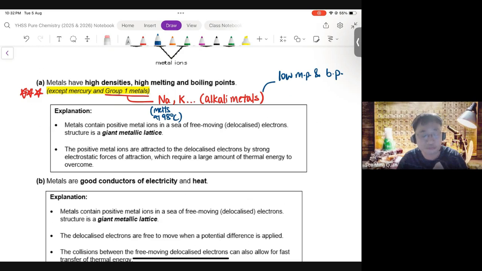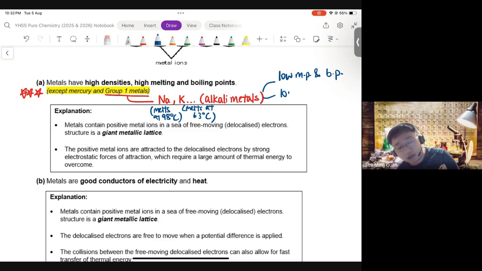That's the difference. So sodium melts at 98, potassium melts at 63 degrees Celsius. So again, you can see the melting point actually decreases down group 1. So potassium, which is further below sodium in the group, actually has a lower melting point. And these are really quite low melting points.